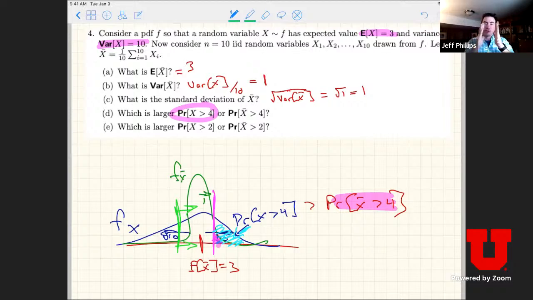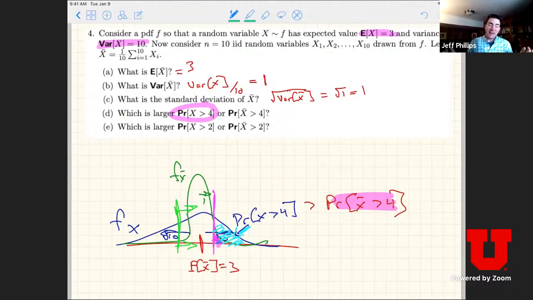I don't know exactly what it is, but I know it's more concentrated. So it has to have more mass close to the expected value. And so if I look at the tail, there's more stuff in the tail for x than there is for x bar. And that's what the first question is asking.